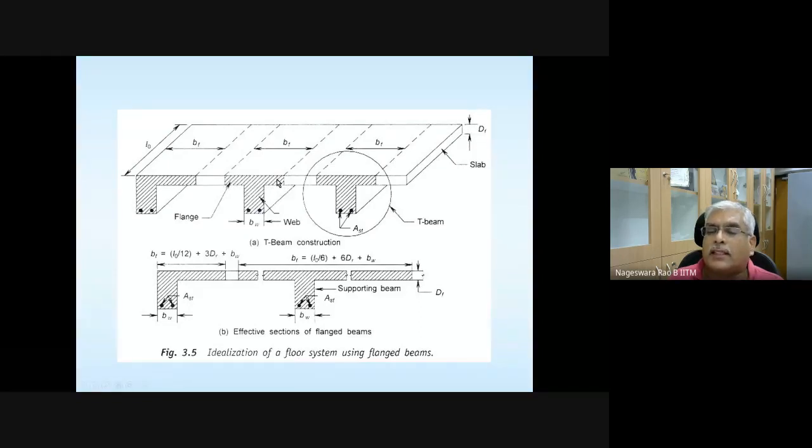So the analysis or design of that kind of beam, where the neutral axis lies within the flange, is similar to a rectangular section.